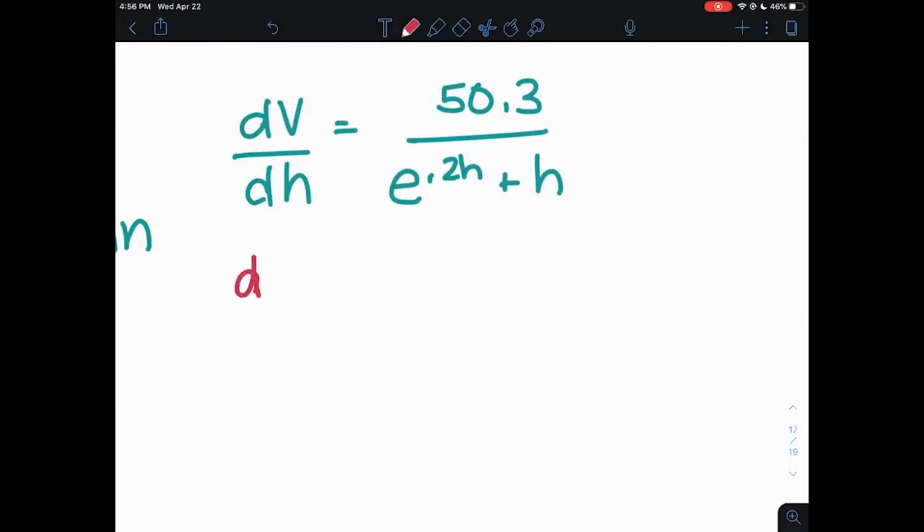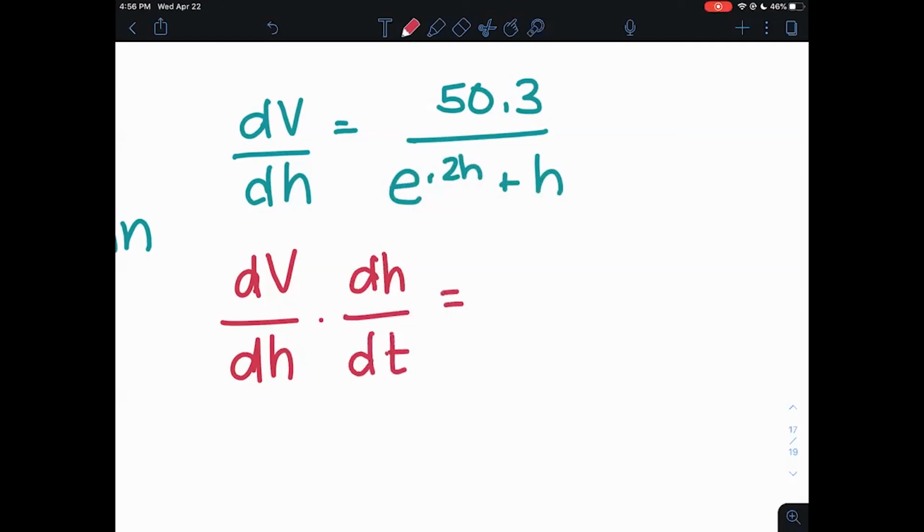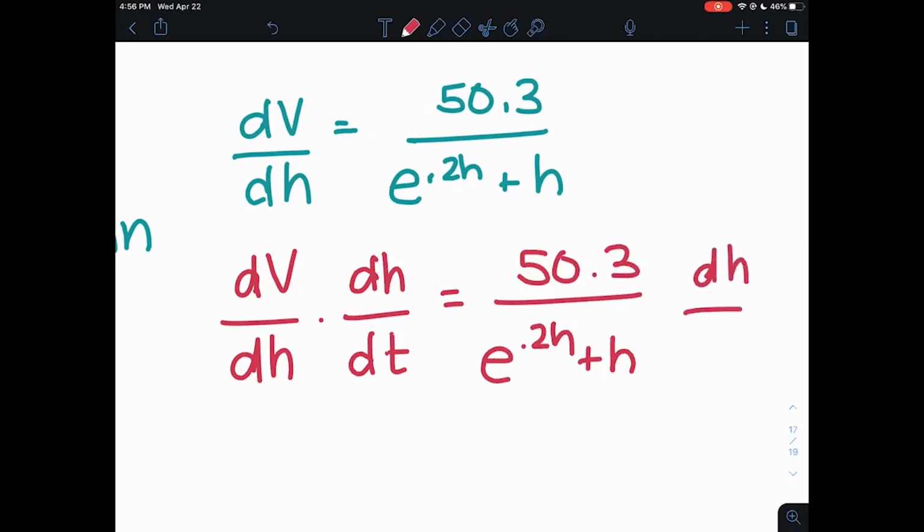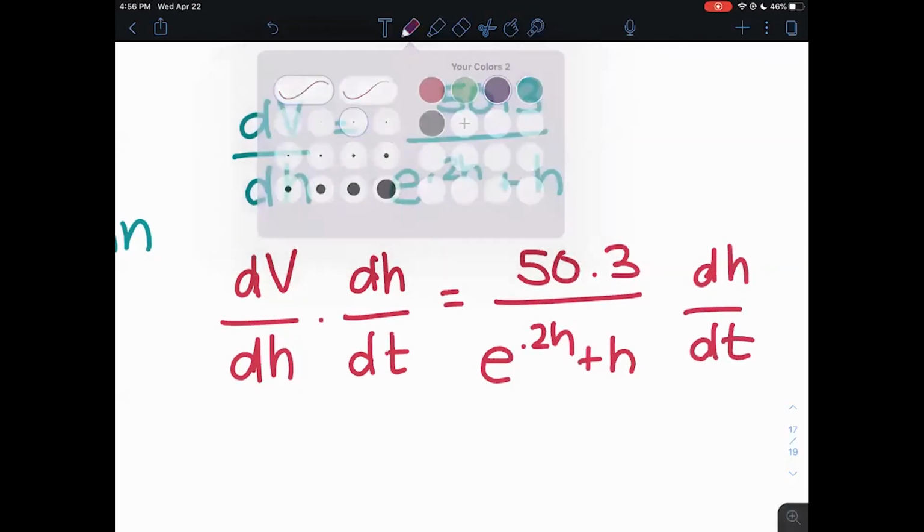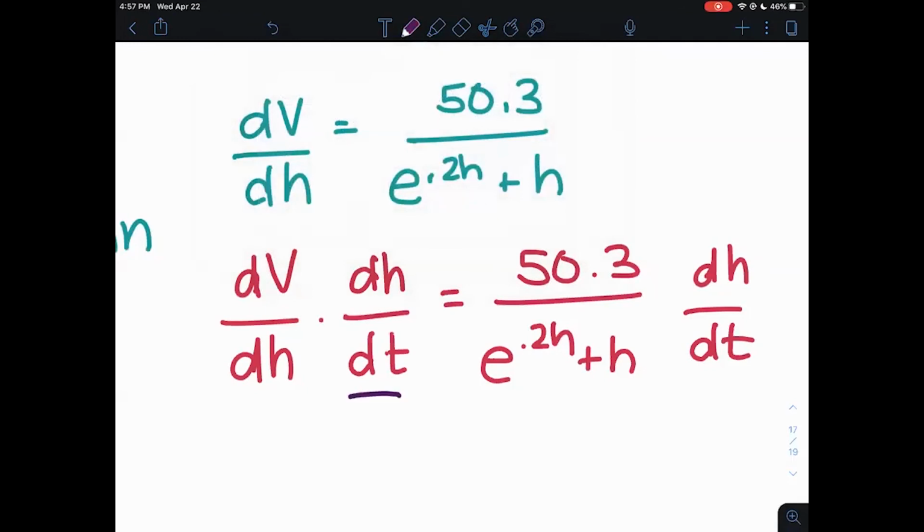So if I take what I know and I differentiate it, so now I need to differentiate height with respect to time, and I do that on both sides of my equation, I will get what I want. So think about this two different ways. You can think about this purely mathematically. If I do the exact same thing on both sides of an equation, my equation still holds. Pretend you're multiplying both sides by 3. Your equation still holds.